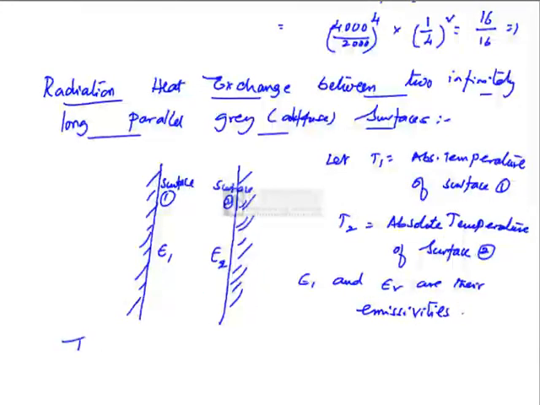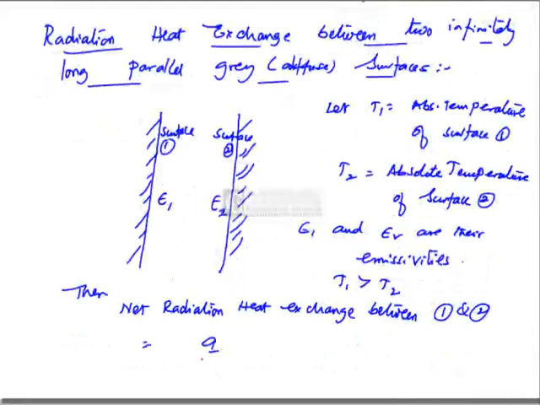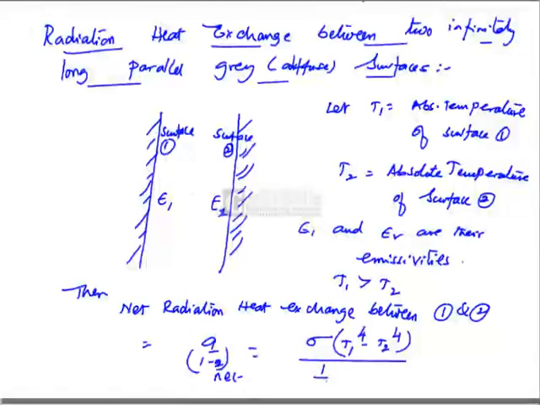T1 is assumed to be greater than T2. Then the net radiation heat exchange between 1 and 2 is Q1 to 2 net is equal to sigma into T1 to the power of 4 minus T2 to the power of 4, divided by 1 by epsilon 1 plus 1 by epsilon 2 minus 1, per unit area.